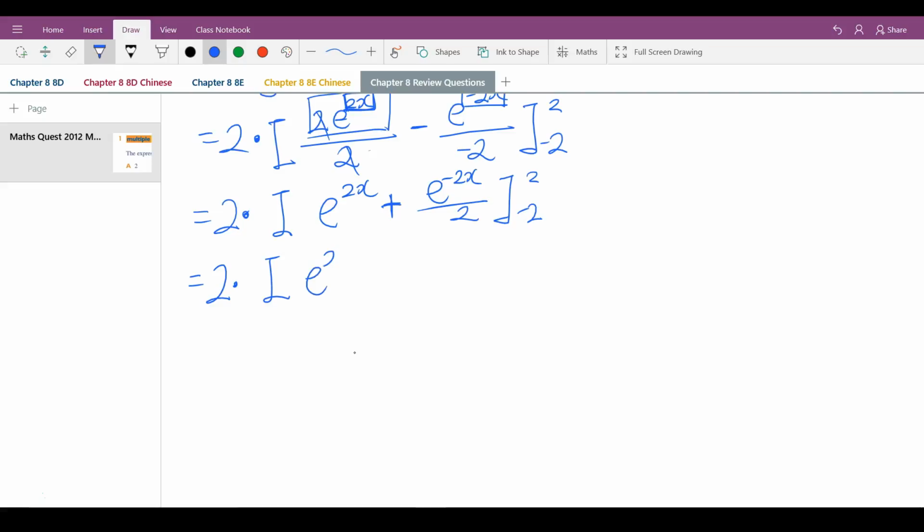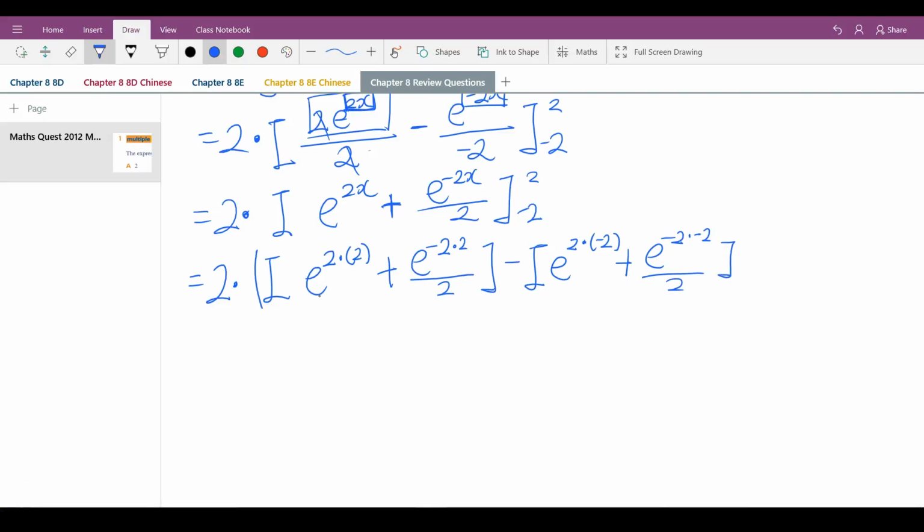Alright, so it's e to the power of 2 times 2 plus e to the power of negative 2 times 2, over 2, minus e to the power of 2 times negative 2, plus e to the power of negative 2 times negative 2, over 2.